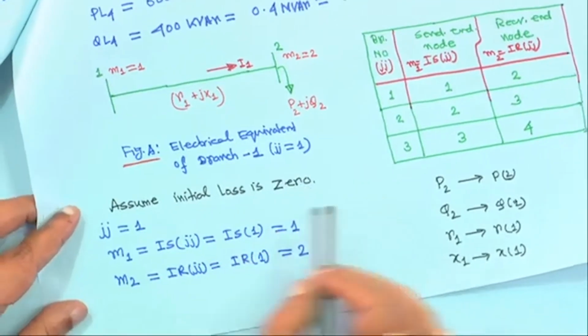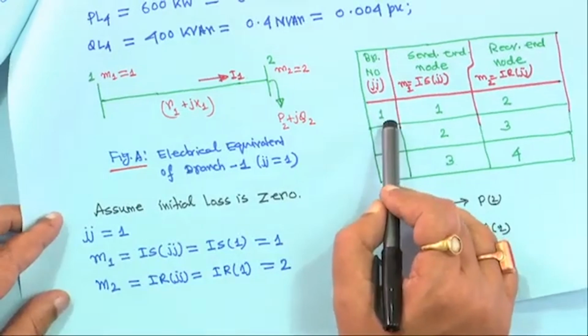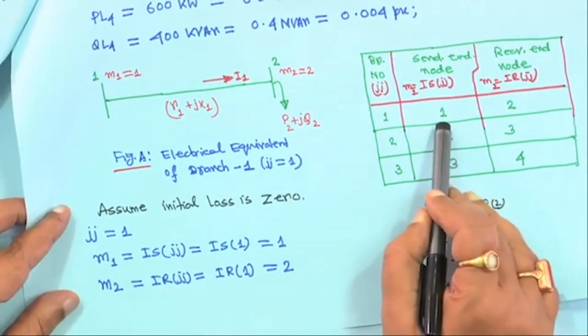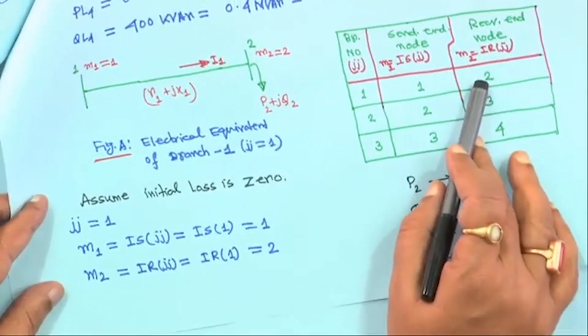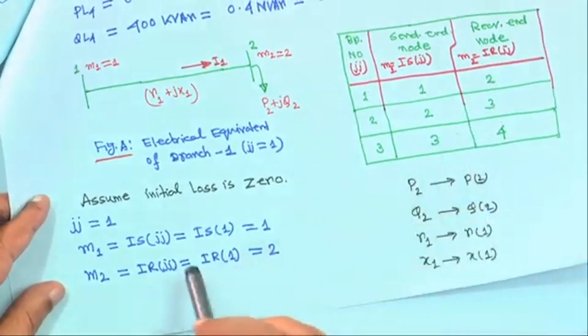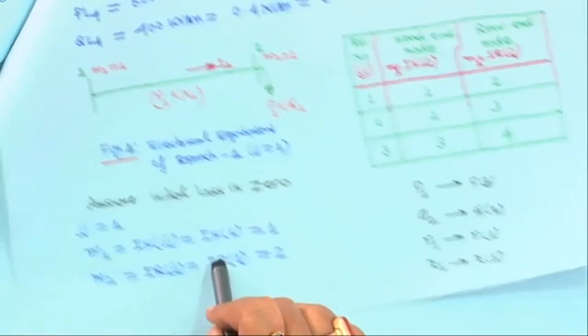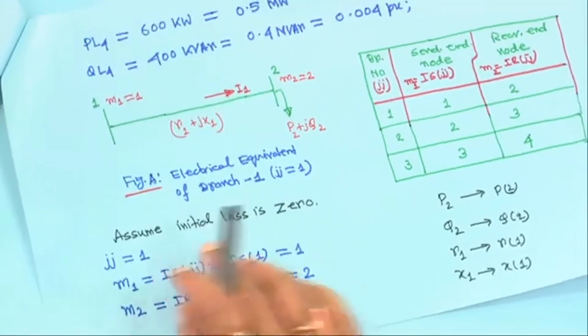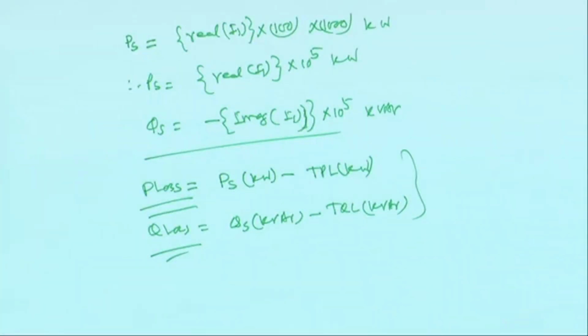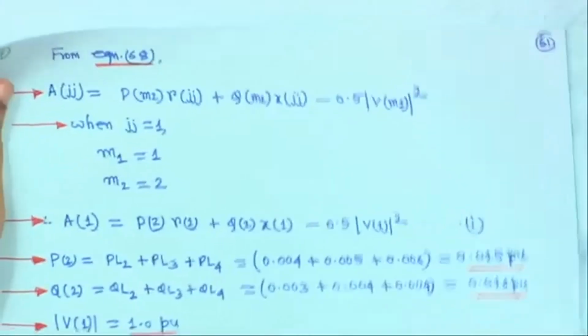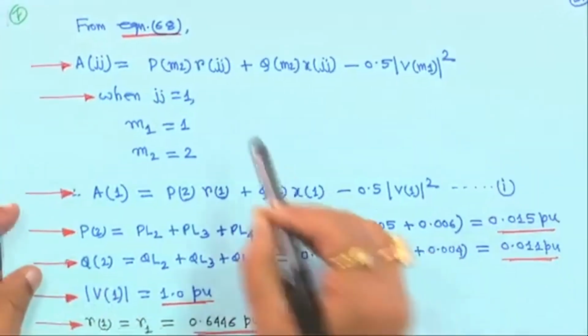Therefore, for j equal to 1, the sending end node is M1 is 1, M2 is equal to 2, right. Therefore, M1 is equal to 1, M2 is equal to 2, all these things are written here, right. Then from equation 68, if we go to equation 68, you will see equation 68 is this one.